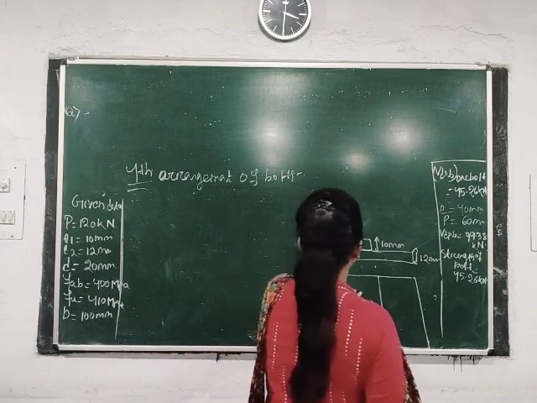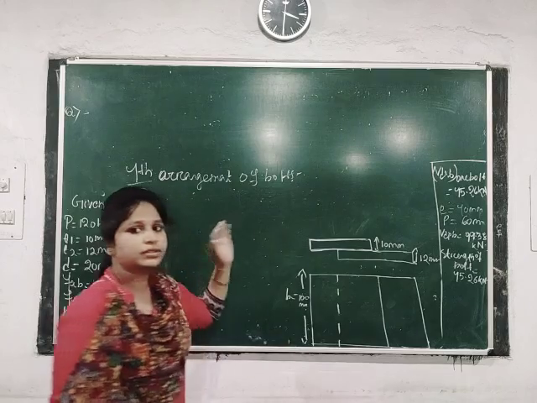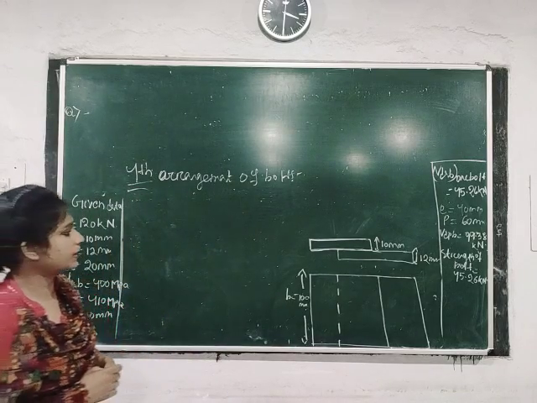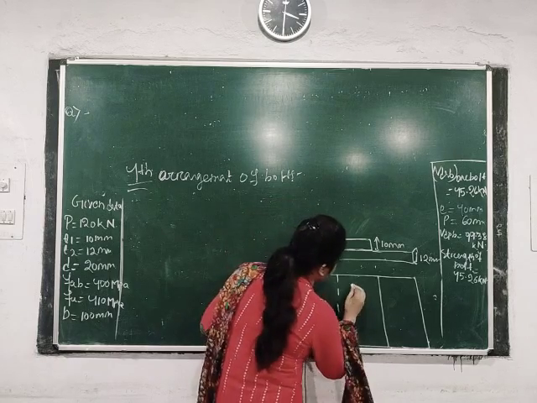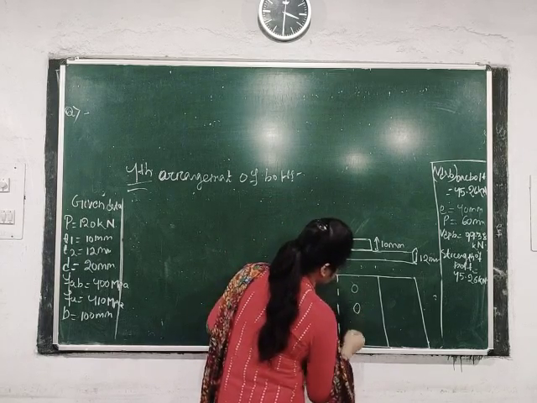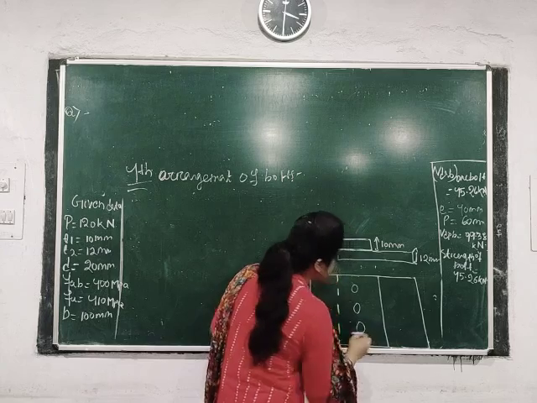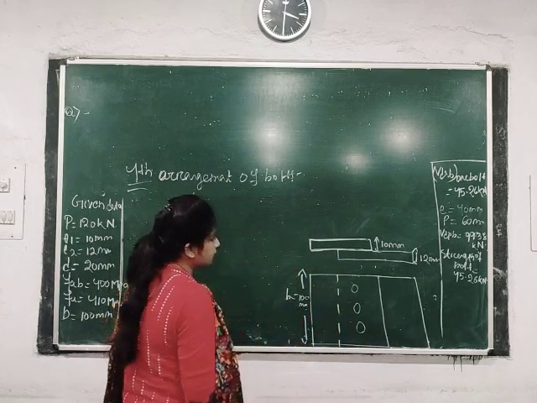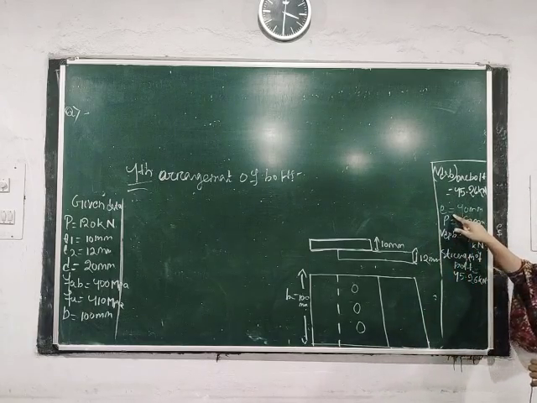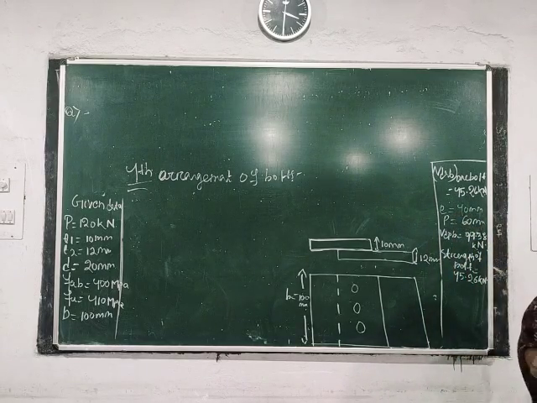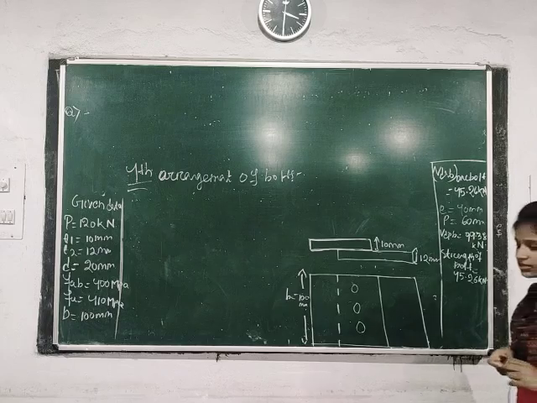Then next arrange the 3 number of bolts. Okay, so if we arrange the bolts, we will arrange the 3 bolts this way. You can see here we have taken the end distance as 40 mm and the pitch distance as 60 mm.